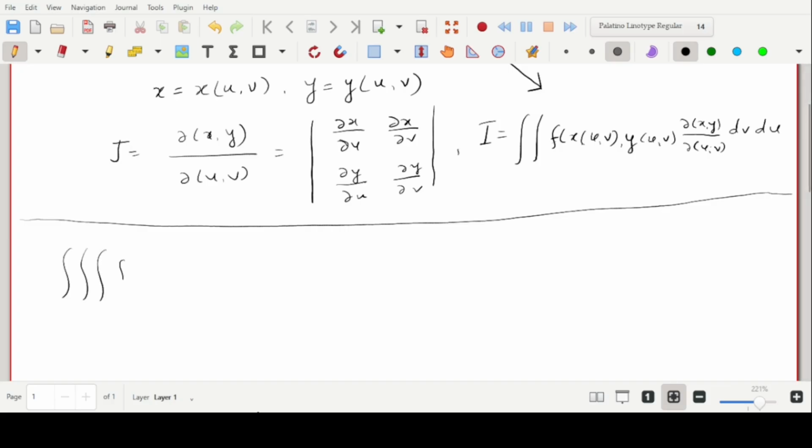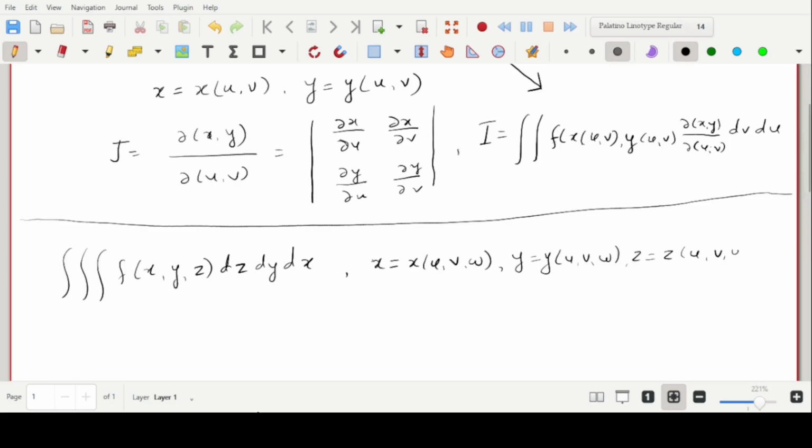Initially we are integrating a real valued function over certain limits of integration, and we now define three new variables u, v and w. x is a function of u, v and w, y also is a function of u, v and w, and z also is a function of u, v and w.